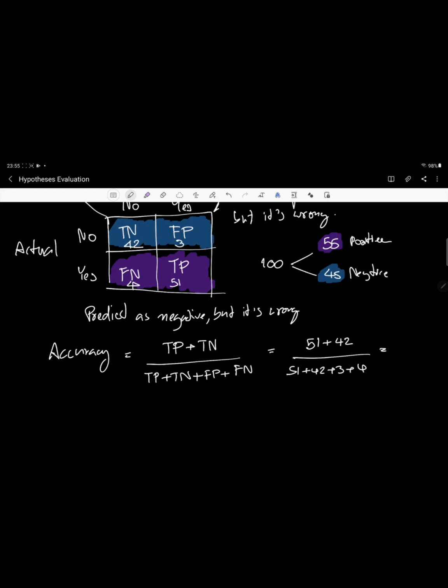That is 93 divided by 100. So this one is the accuracy. So you can report that the result on your test will be 93%. This is the accuracy. Okay.